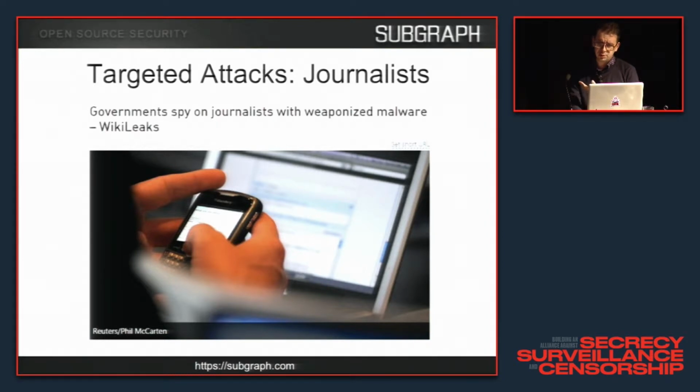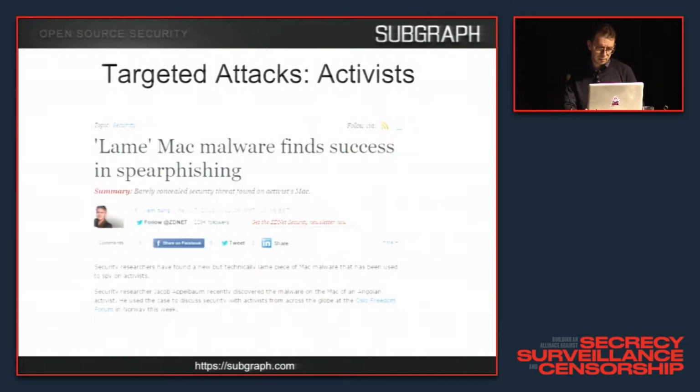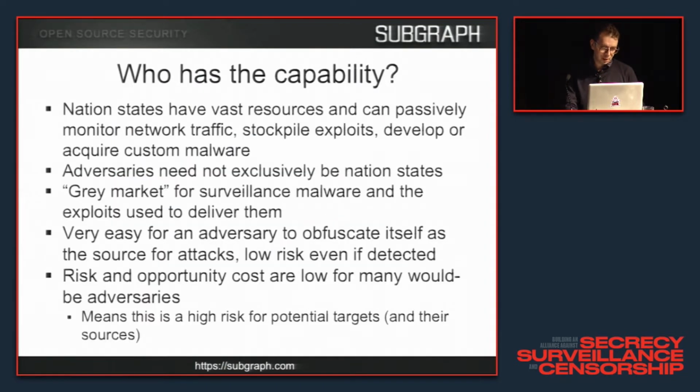And I believe in his recent Spy Files there's some information about weaponized malware being used specifically to target journalists. The EFF talks about malware targeting journalists, specifically a case involving Vietnamese bloggers who were targeted by what is alleged to be malware of state-sponsored origin, and more. So I'm running out of time.